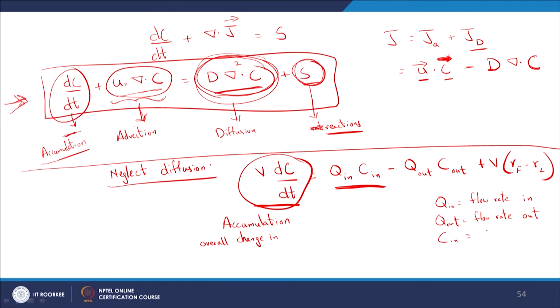C in is the concentration of your compound at the inlet. C out is the concentration of your compound at the outlet, right, and V is your system volume.